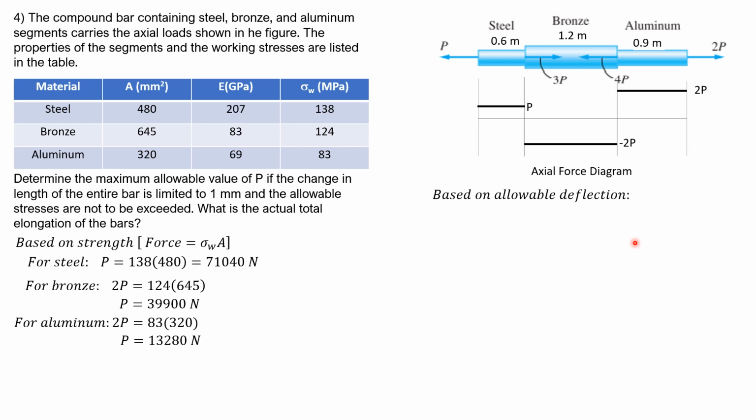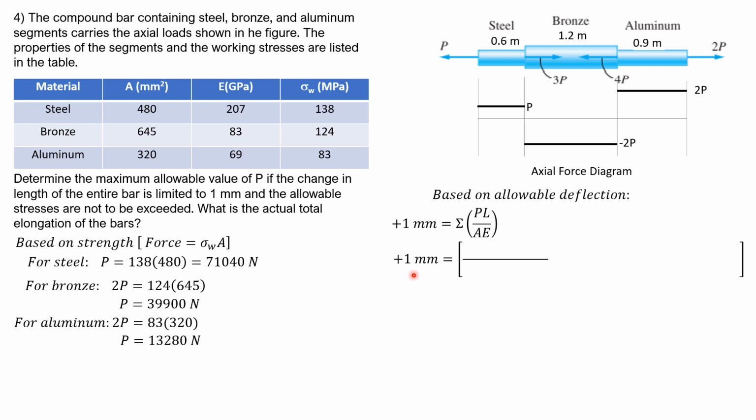Although that's not true for other cases, for this problem, since there are two segments that are in tension, naturally we expect that the net elongation of the system will be tension or elongation. So positive 1 is the summation of force times length over AE, and take note that the force is different for each segment, the length also, the area also, and the modulus of elasticity.